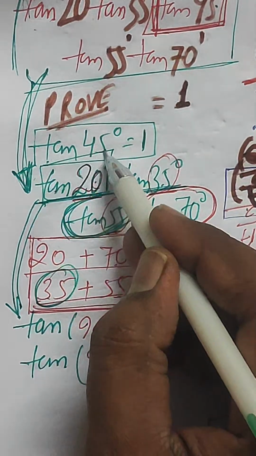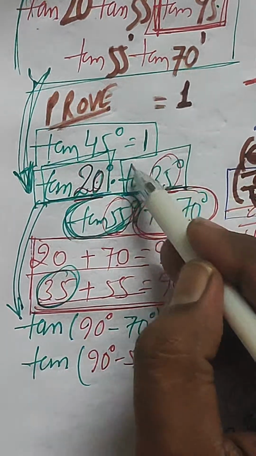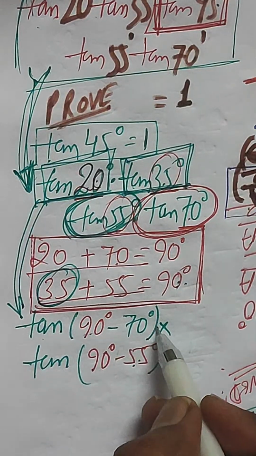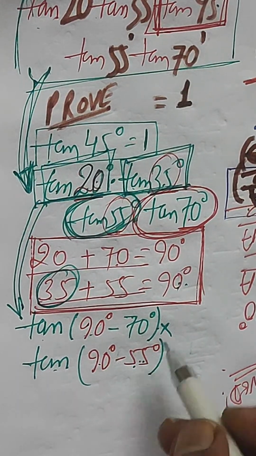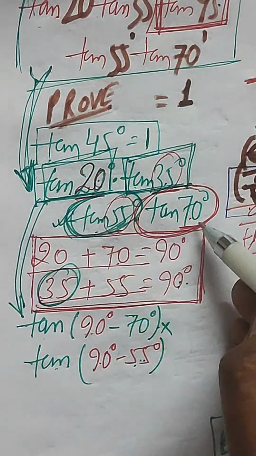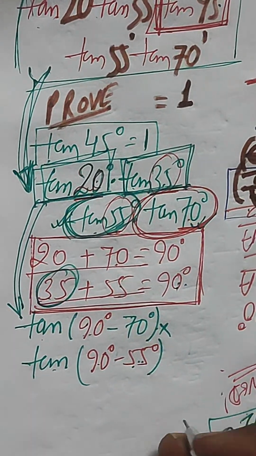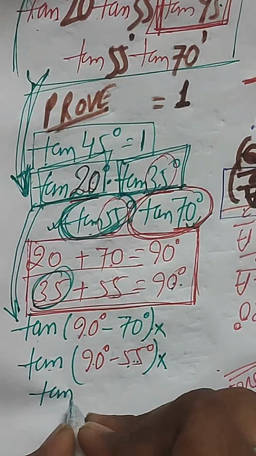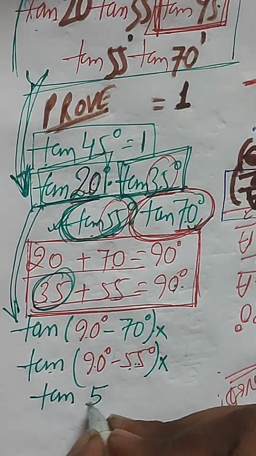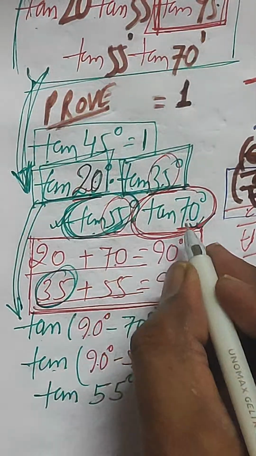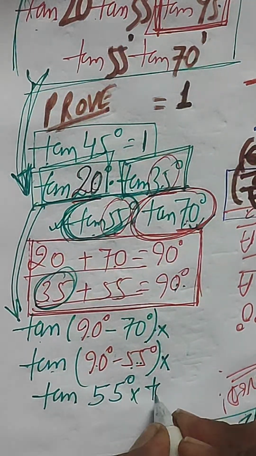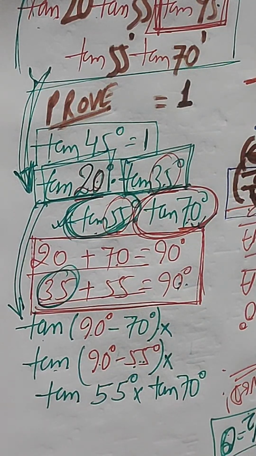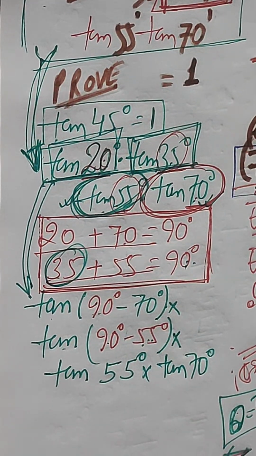We have changed tan 20 degree and tan 35 degree, and this is written as tan 90 minus 70 and tan 90 minus 55, and leave these two terms tan 55 and tan 70 as they are, right? So this multiplies by tan 55, which is already there, and tan 70 degree. This is your LHS.